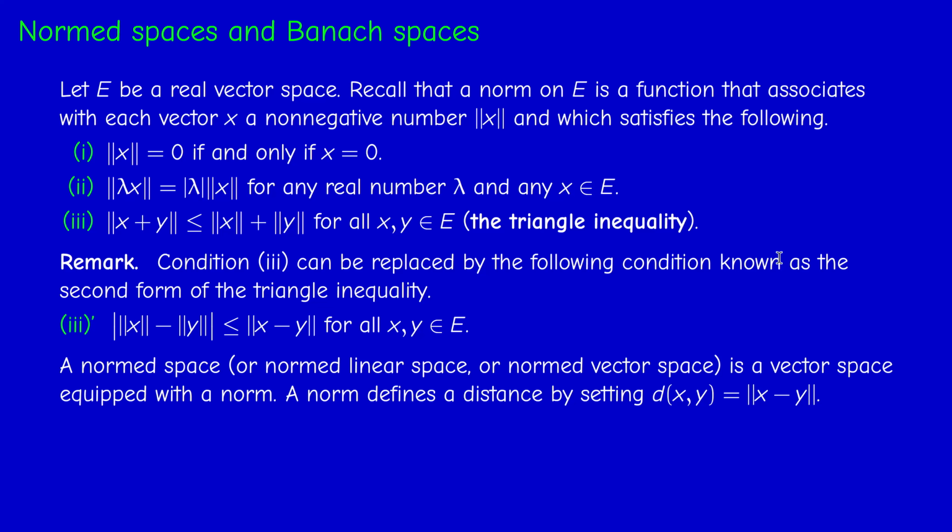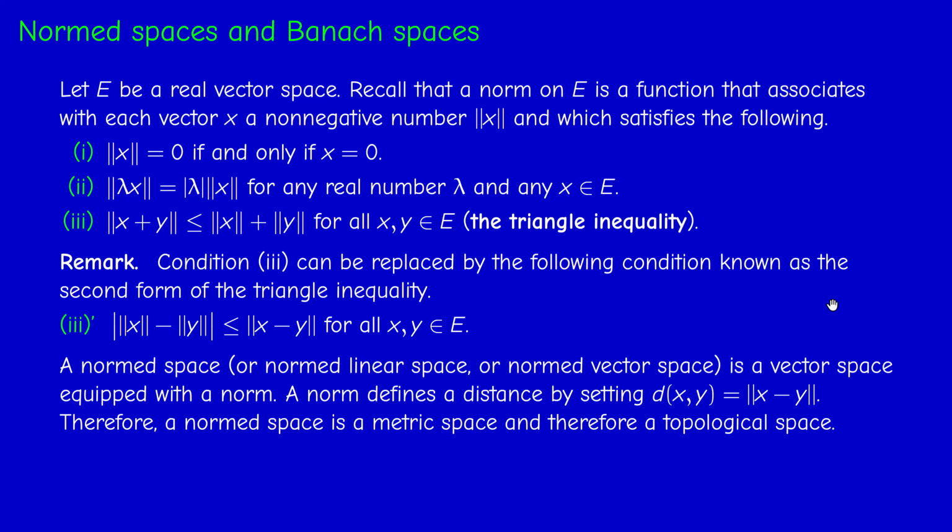And now, as you may know, if we have a norm on a vector space, a norm defines or induces a distance. So if we set d of x y equal the norm of the difference between x and y, then d is a distance, as you may easily check, because recall that the distance is something non-negative, it's symmetric, it's 0 if and only if the 2 points coincide, and we have the triangle inequality.